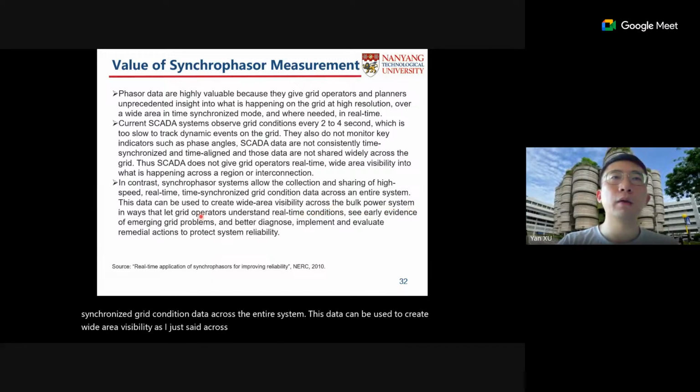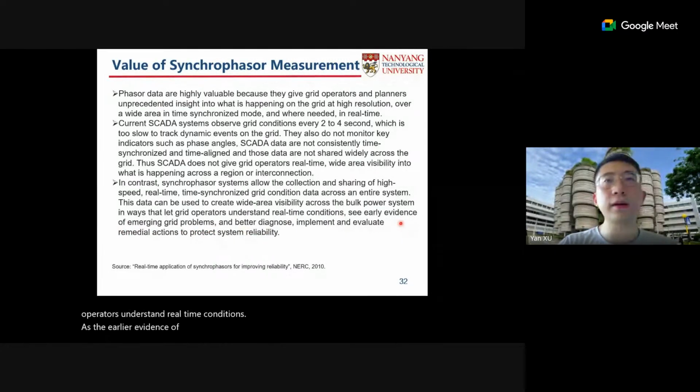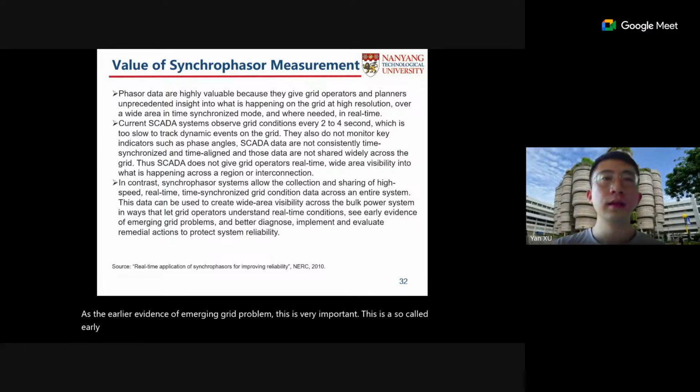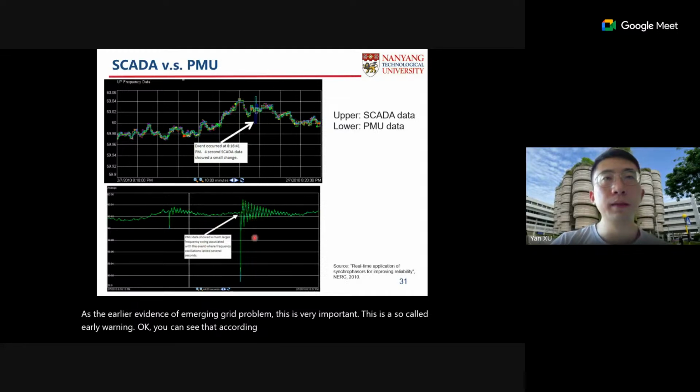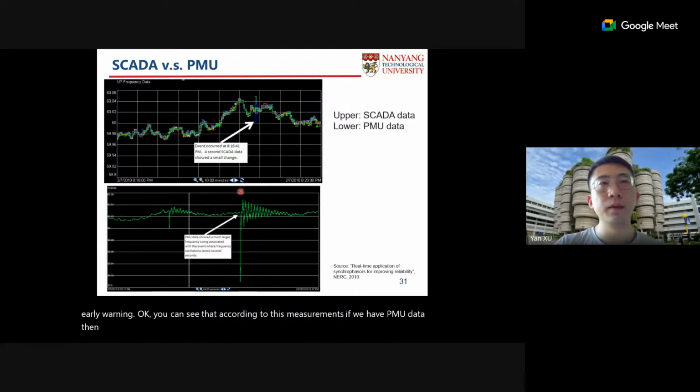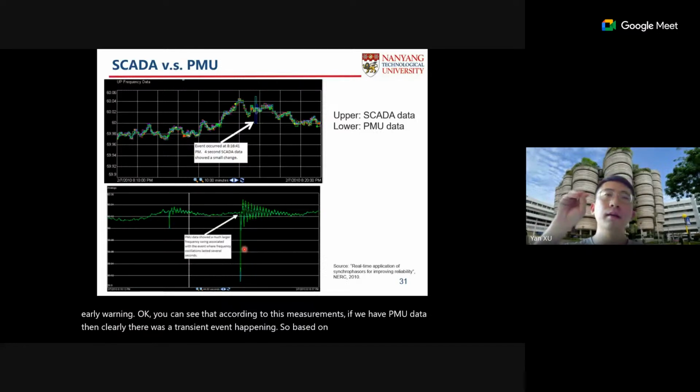in ways that let grid operators understand real-time conditions and see earlier evidence of emerging grid problems. This is very important. This is the so-called early warning. According to these measurements, if we have PMU data, then clearly there was a transient event happening. So based on this, we can give earlier warning to the grid operator.